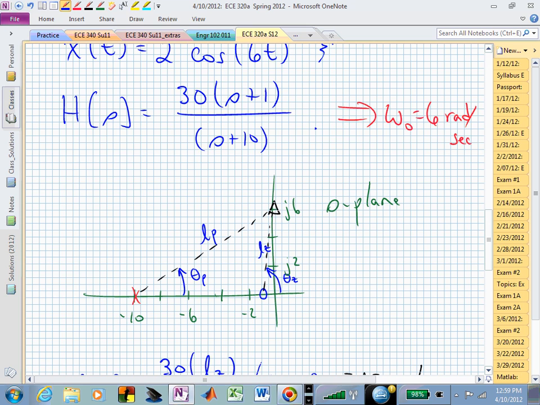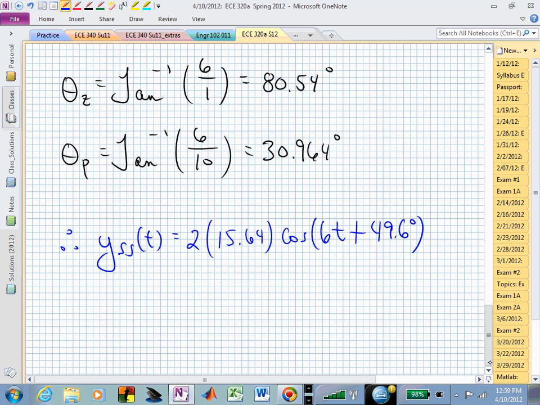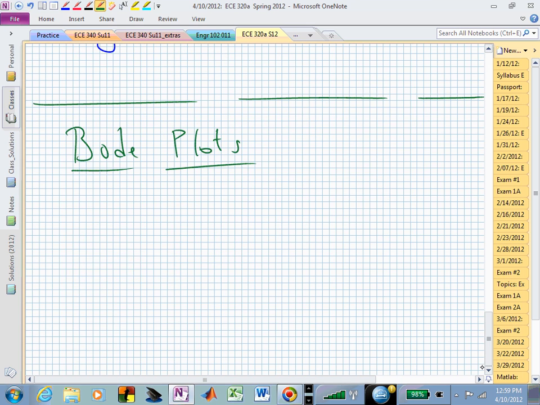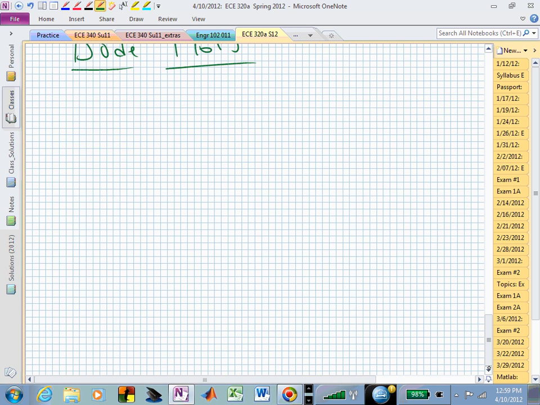Let's now look at doing that in a more all-at-once process. It involves many steps, but we want to create the magnitude as a function of frequency and the angle as a function of frequency.